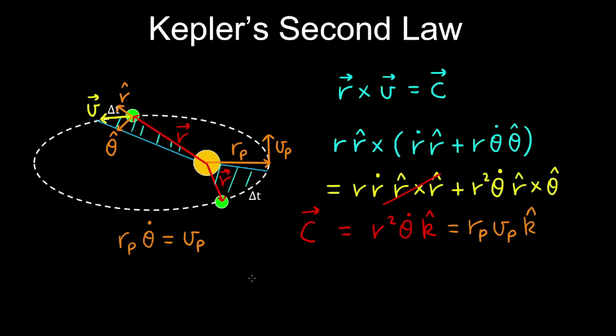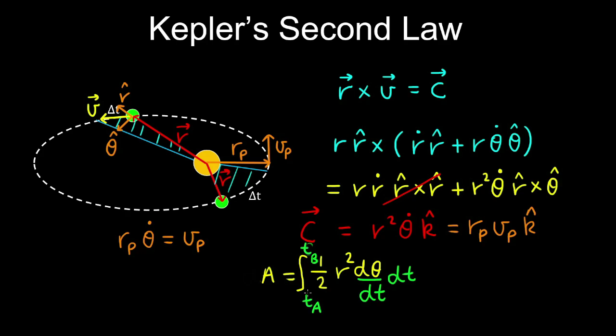And recall the differential area of a polar curve was equal to 1/2 by the base of the triangle, which was r d theta, by the height of the triangle, which is r. So if we integrate this, we get the area enclosed by the curve between two angles, theta A and theta B. So if we do a change of variables, then we're integrating with respect to time instead.